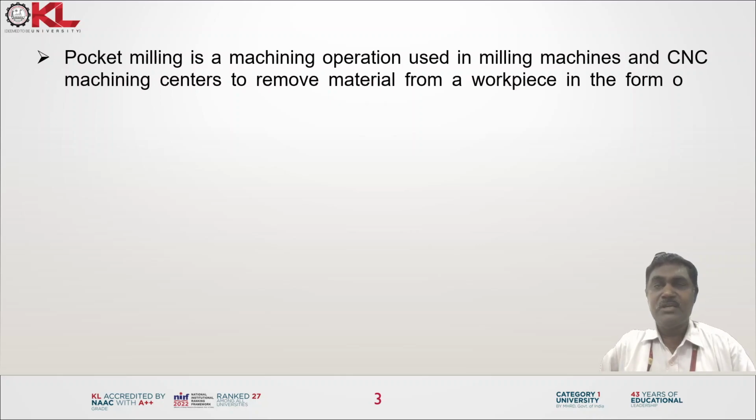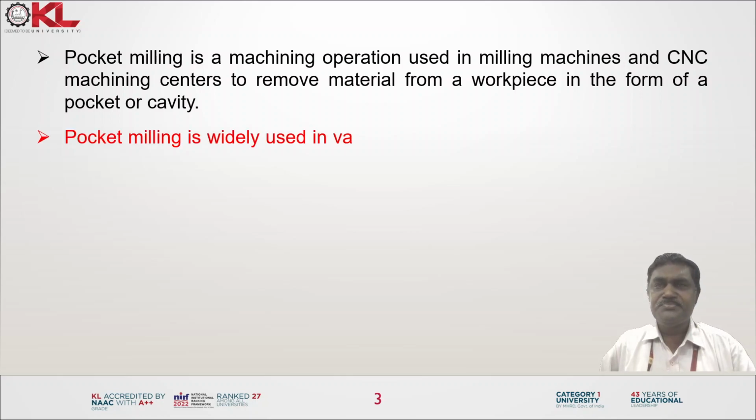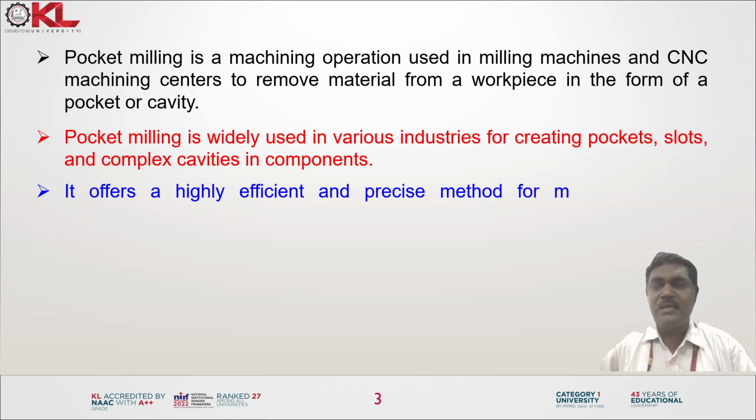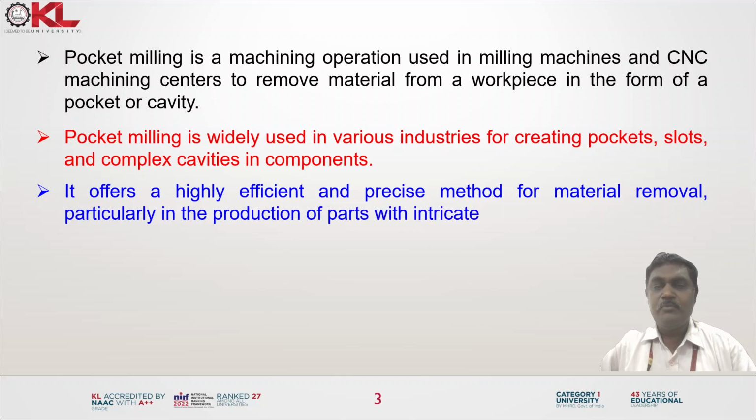So, pocket milling is a machining operation used in milling machines and CNC machining centers to remove material from a workpiece in the form of a pocket or cavity. Pocket milling is widely used in various industries for creating pockets, slots, and complex cavities in components. It offers a highly efficient and precise method for material removal, particularly in the production of parts with intricate geometries.